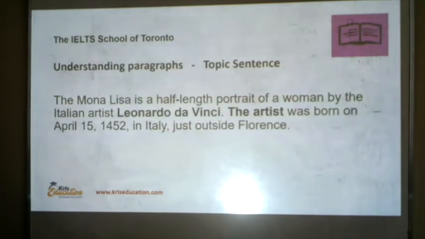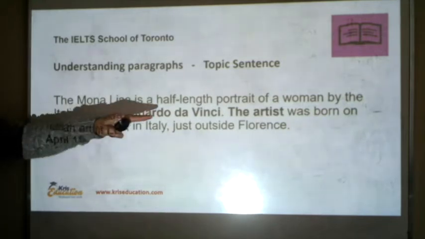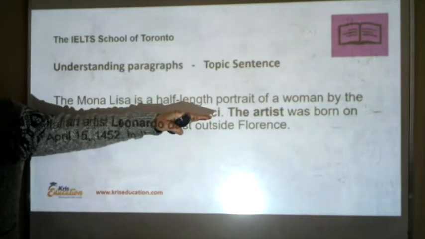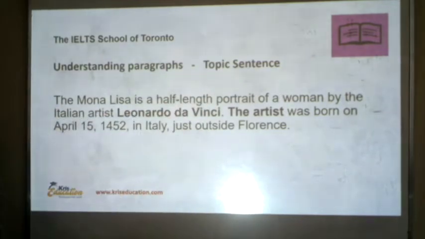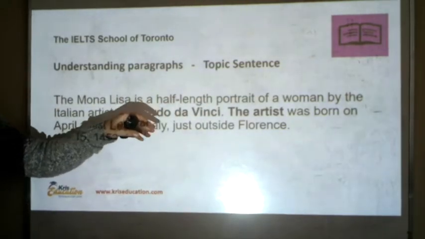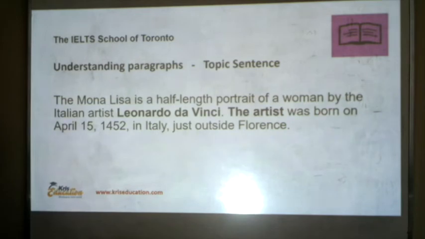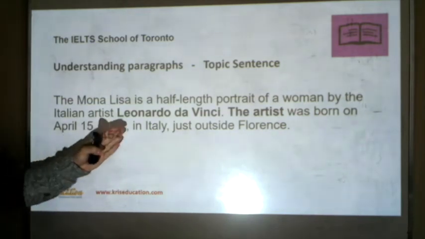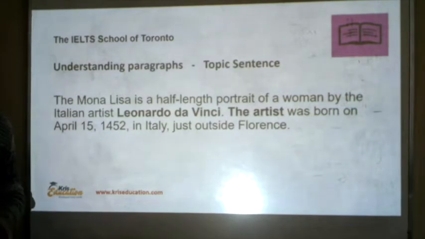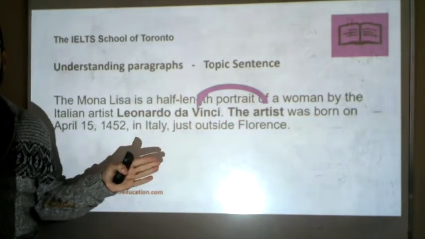However, that is not always the case. In this case, the second sentence is giving details about the artist, about Da Vinci. So the second sentence is saying the artist was born on April 15 in Italy, just outside Florence. So this might also be the case.